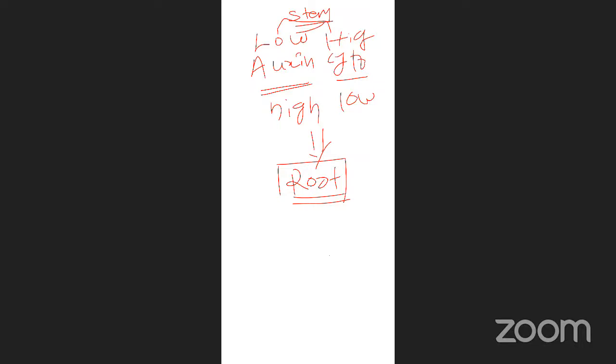Right. Abscisic acid, I think the scientist is Addicott. Which scientist name is given? Just open your book. Abscisic acid, right, which is discovered in cotton fruit.